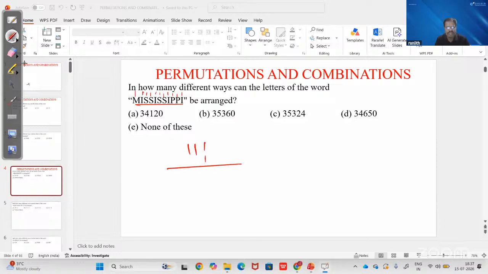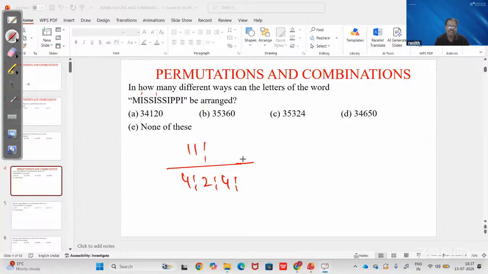Are there any common letters? We are having 4 S's, which is 4 factorial. 2 P's will be 2 factorial. How many I's are we having? 1, 2, 3, 4. Again 4 I's, so 4 factorial. So 11 factorial over 4 factorial, 2 factorial, 4 factorial.